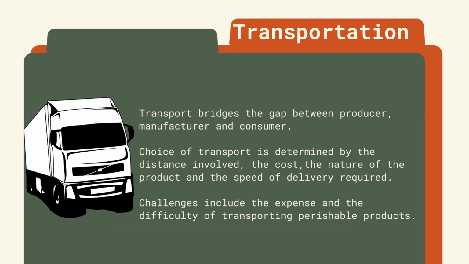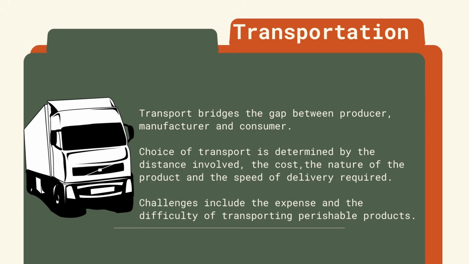When we're talking about transportation as the main function, transport bridges the gap between producers, manufacturers, and consumers. What does this mean? We will need transport to move the produce to the retailers. We will need transport to move produce from the farmer to the consumers, or from the farmers to the storage, from the farmers to the manufacturers or the processors, right?